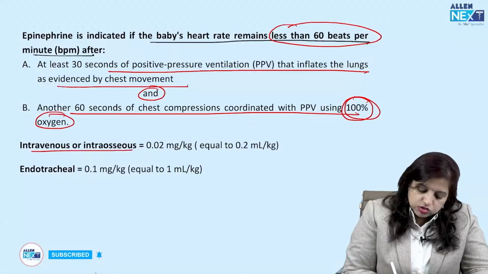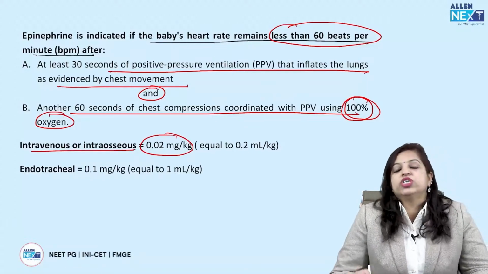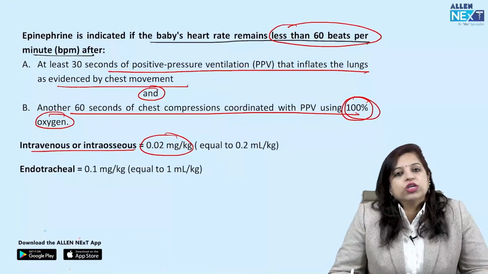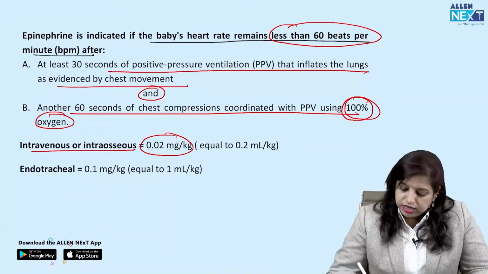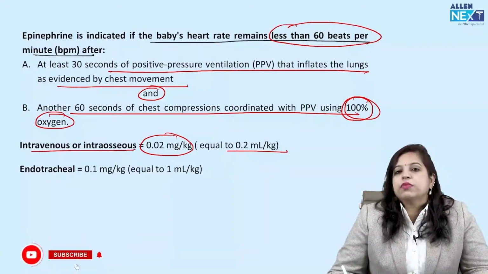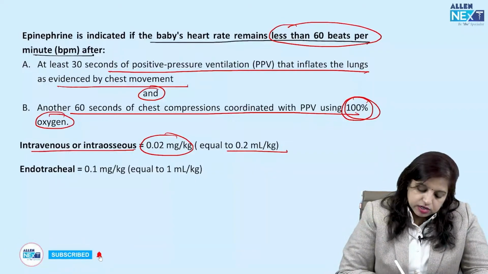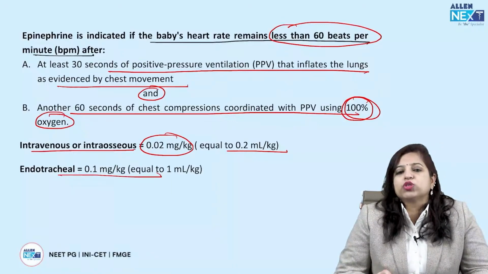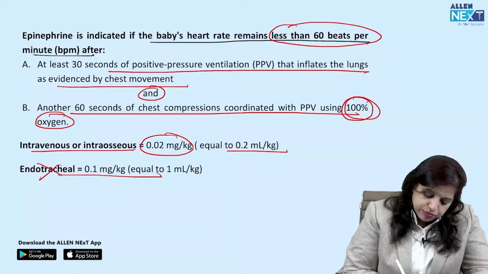Remember, for the intravenous or the intraosseous, it is 0.02 mg per kg. If they ask you in ml per kg, that means it is just 10 times the dose. So, that means it becomes 0.2 ml per kg. Then endotracheal dosage is somewhat on the higher side because the endotracheal absorption is very erratic. Never ever preferred.